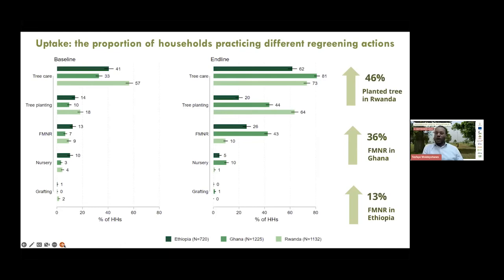Also, the number of households that planted trees on their farms and homesteads significantly increased, specifically in Rwanda. This corresponds with some of the results that we have seen this morning in the seminar, for some of you who have been in that seminar. So it corresponds to that result from the remote sensing. And also for farmer managed natural regeneration, the proportion of households engaged in it increased in Ghana and also to some extent in Ethiopia. Next, please.